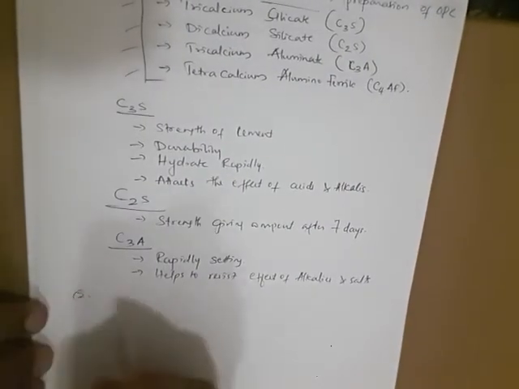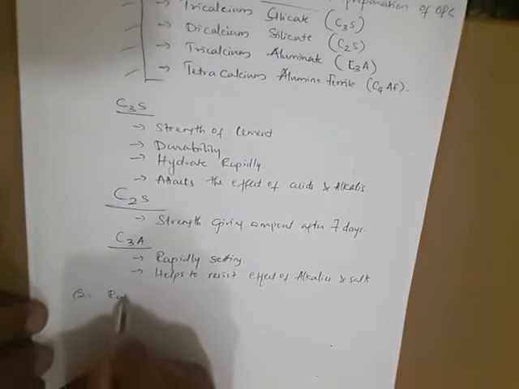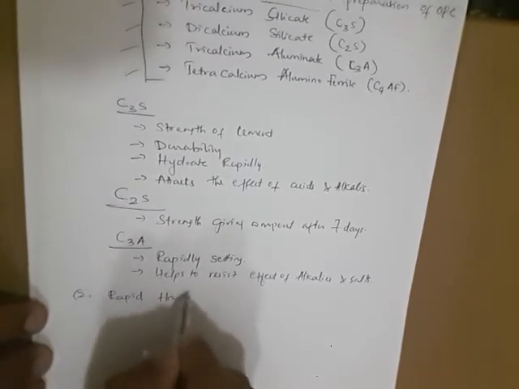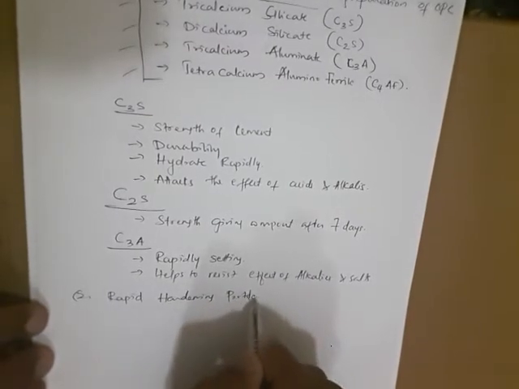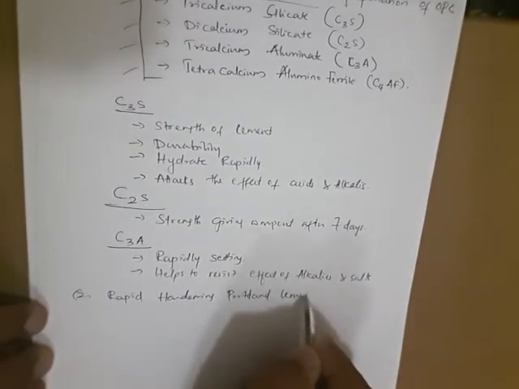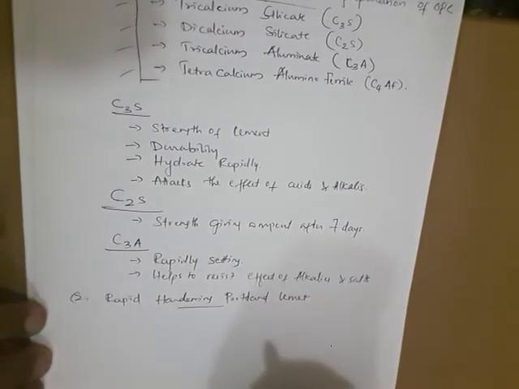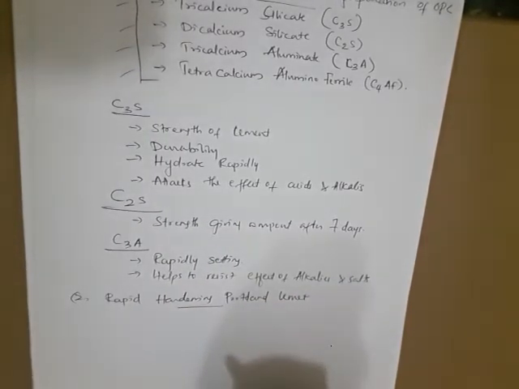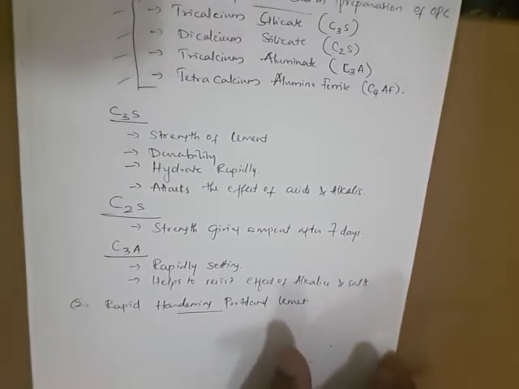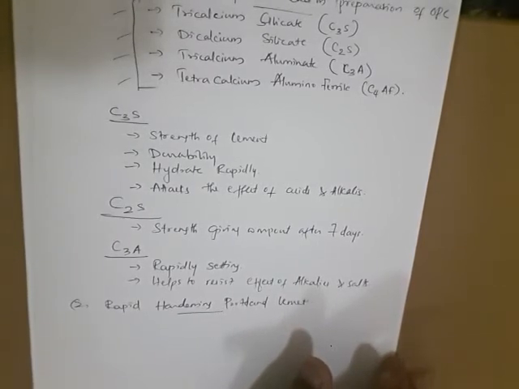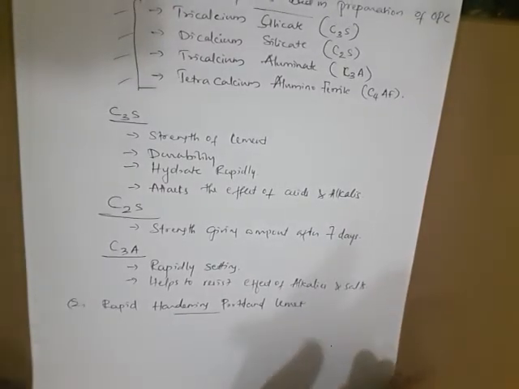The second type of cement is rapid hardening Portland cement. We know the purpose of this type of cement from its name itself, which is used to get the hardening of the concrete rapidly.